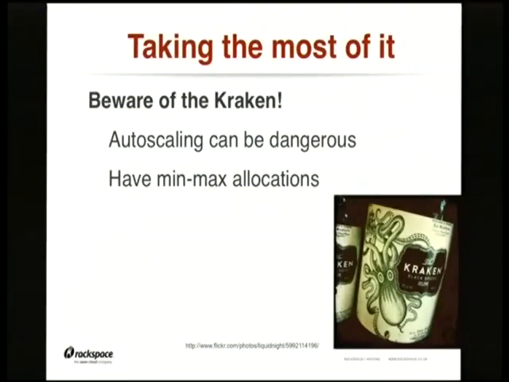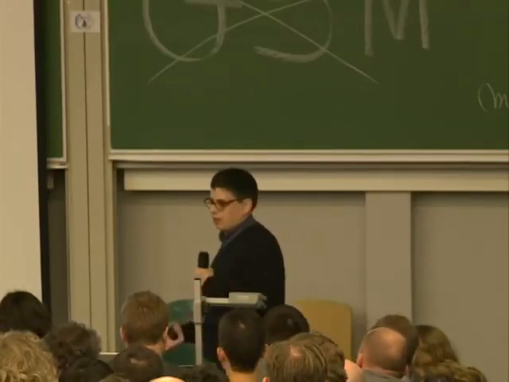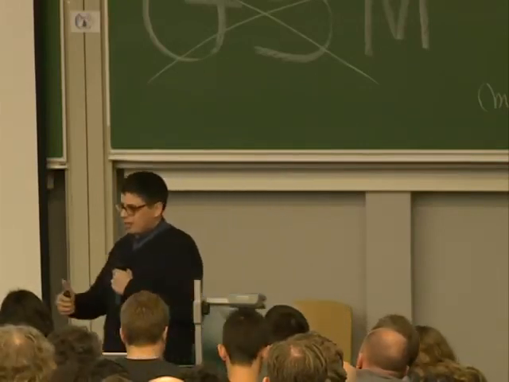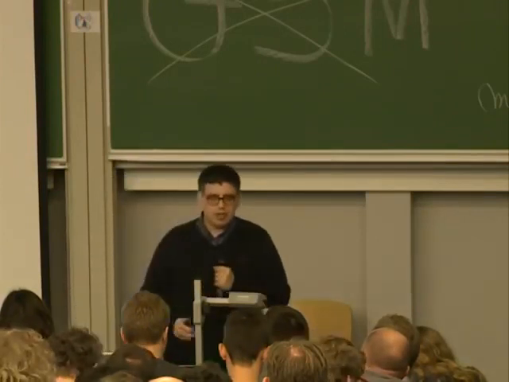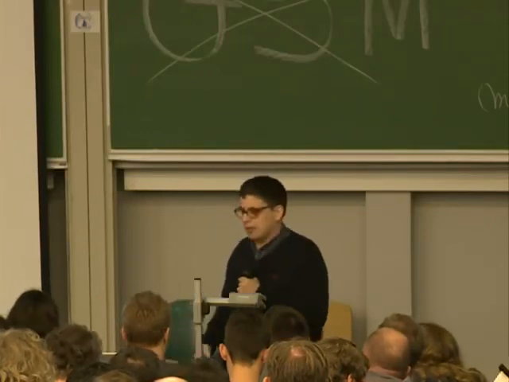In order to avoid that, my recommendation is whatever kind of autoscaling you do, please always have minimum and maximum allocation numbers. Because you don't want your autoscaling engine to go all the way down to 0, because then you have no service, but the autoscaling is happy, everything's good. But at the same time, you don't want to have a $1 million bill from Amazon or from Rackspace.